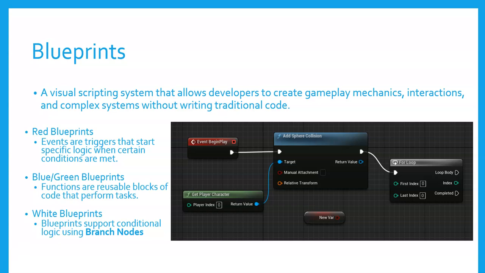Blueprints are Unreal Engine's way of allowing users or developers to create functionality of the game. Like it says here, the game mechanics, interactions, and all of that, instead of having to write traditional code, which in Unreal would usually be C++, the blueprints allow us to do that with a visual scripting system.